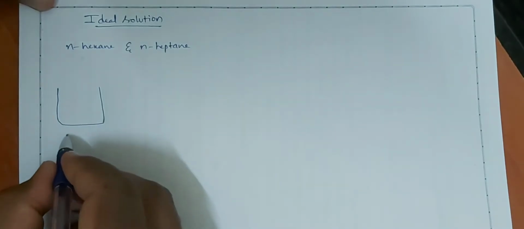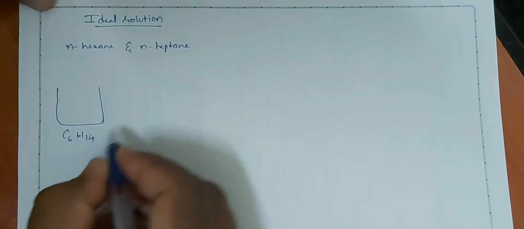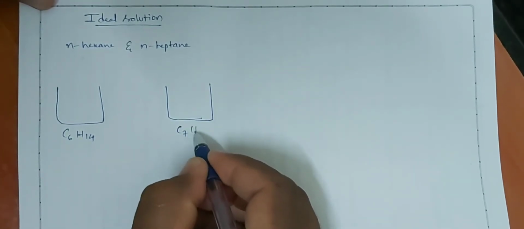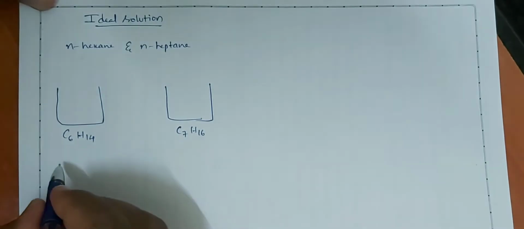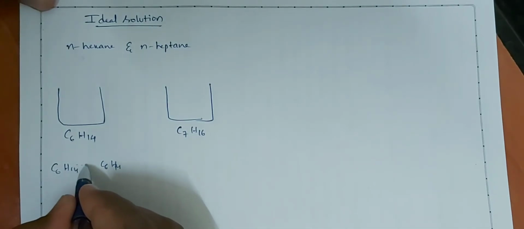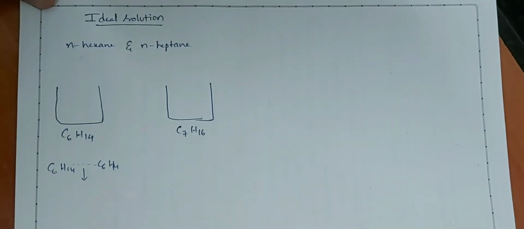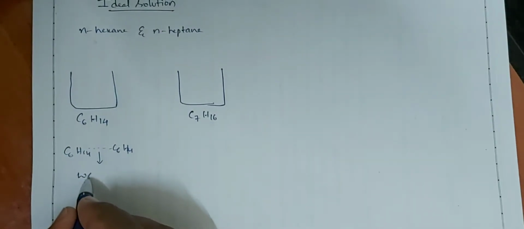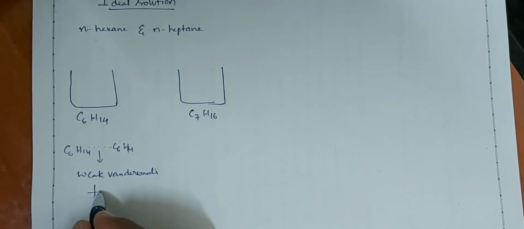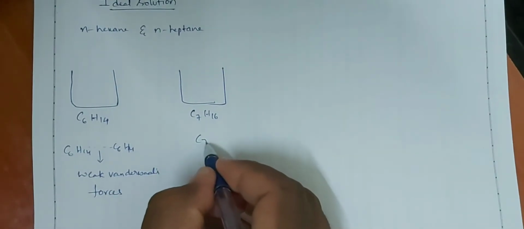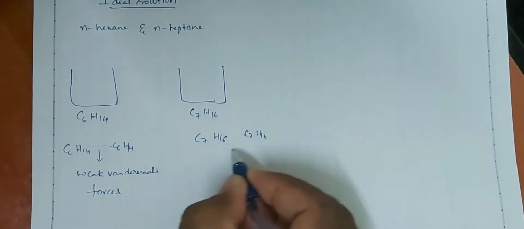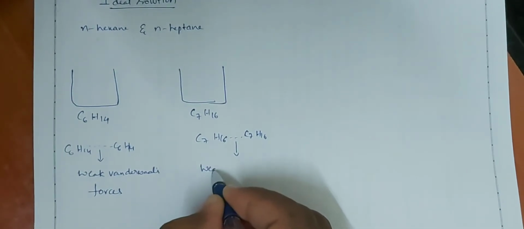N-hexane formula is C6H14. N-heptane formula is C7H16. Between C6H14 and C6H14, we have weak van der Waals forces. Between C7H16 and C7H16 we have weak van der Waals forces.